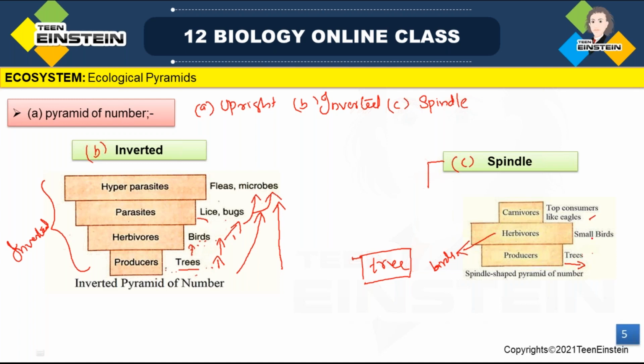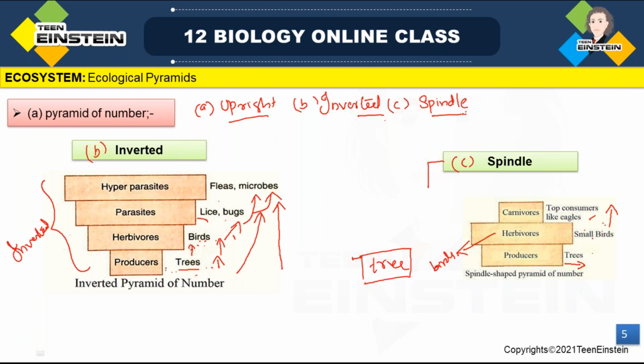Compared to that, the small birds, that number will be more, right? Then again, when going from this second level to the third level, the number is again decreasing. That's why it gets a spindle shape. Got it? So there are three types: upright, inverted, and spindle shaped.